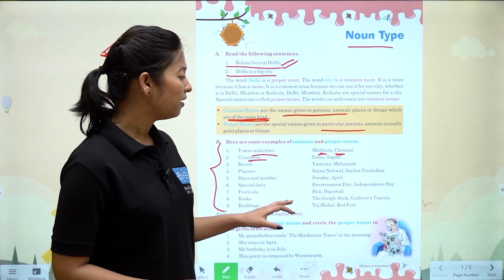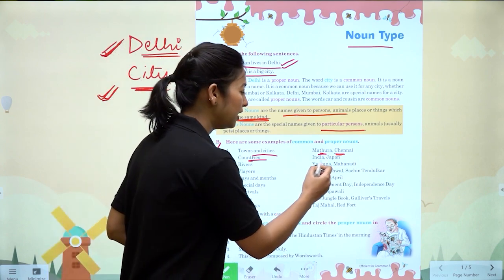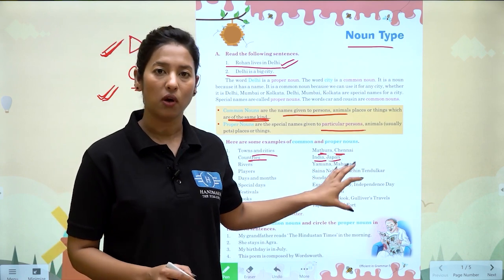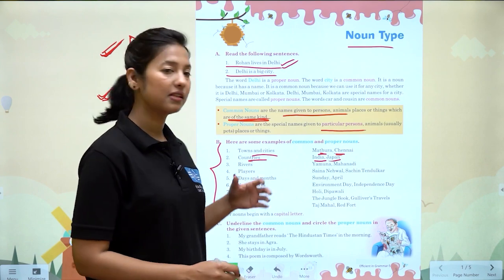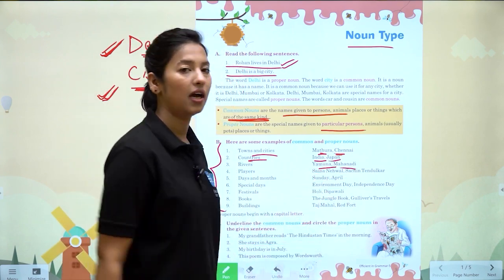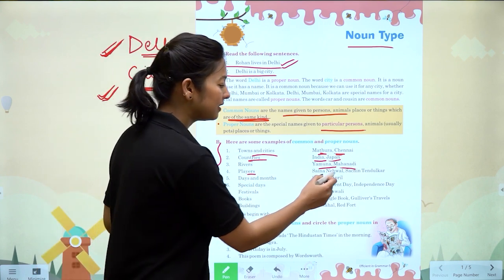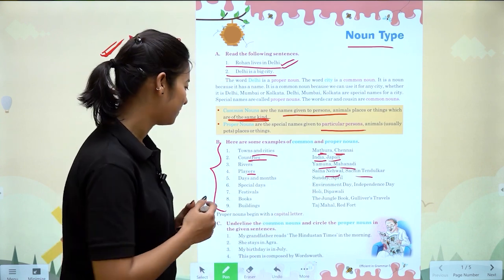But when we talk about some specific country and we name it like India, Japan, these names fall under proper noun. Similarly, rivers is a common noun. Yamuna, Mahanadi are the proper nouns. Player is a common noun. Sania Nehwal, Sachin Tendulkar are proper nouns.